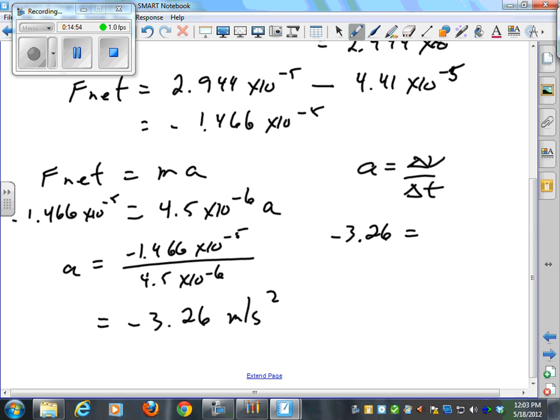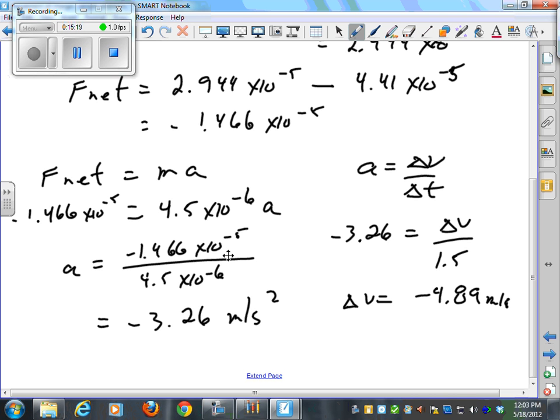So now I'm going to solve for my delta V. My time is 1.5. Multiply by 1.5, and I get my delta V is minus 4.89 meters per second.